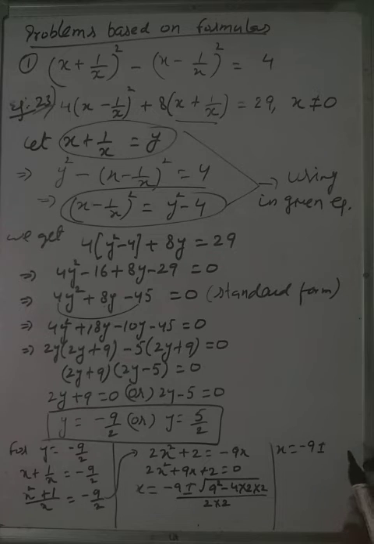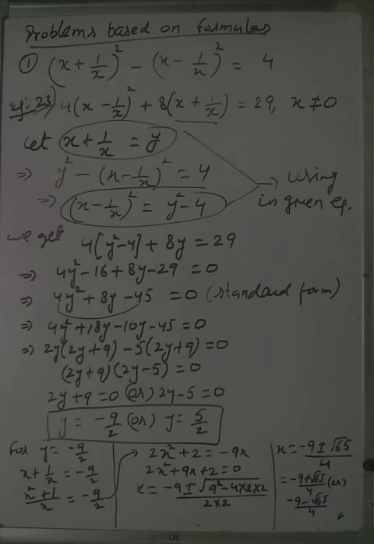So minus 9 plus minus root 65 over 4. So these are the two values that we have got from here, minus 9 plus root 65 over 4 or minus 9 minus root 65 over 4. You can find the value of root 65 from the table and solve it further to reduce it into decimal form.